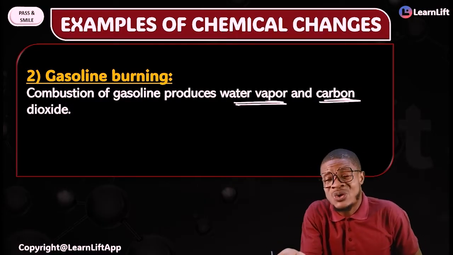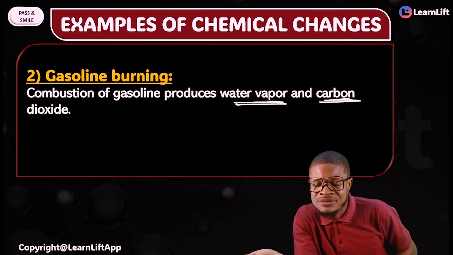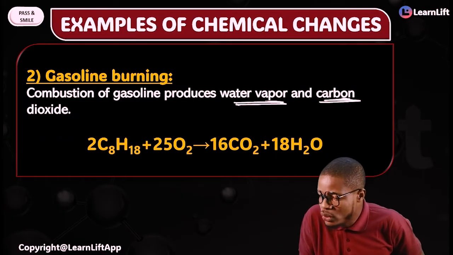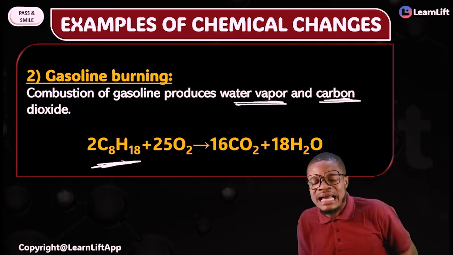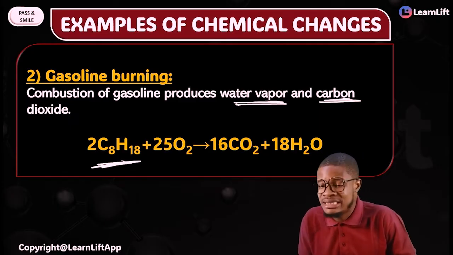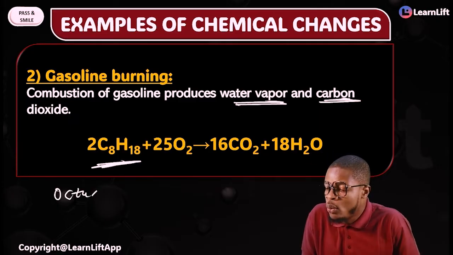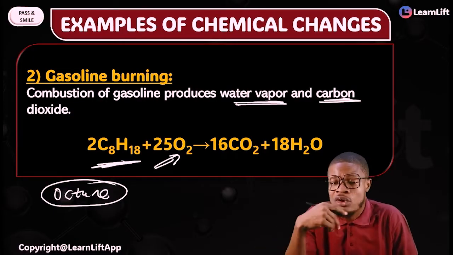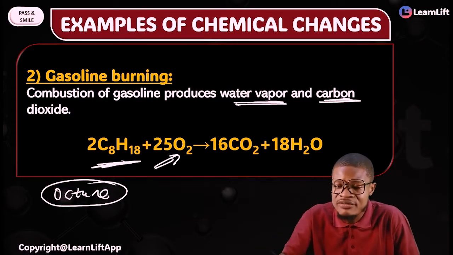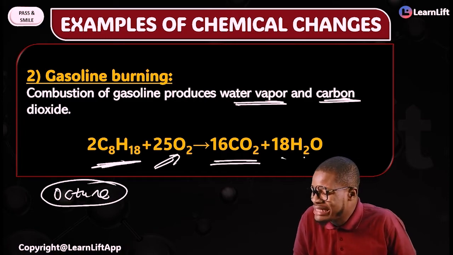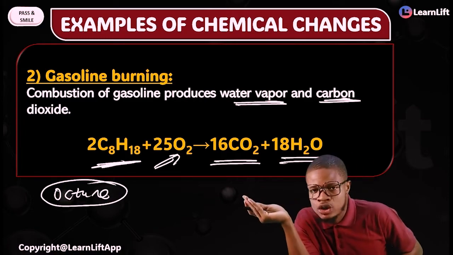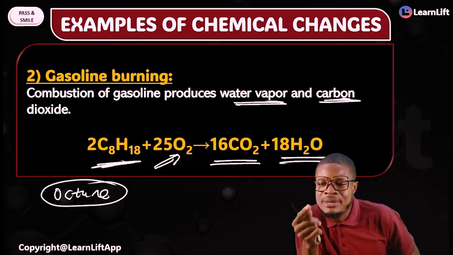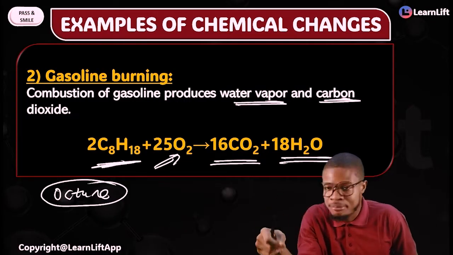This gasoline is a hydrocarbon. Which hydrocarbon is that? That is octane. When octane is burnt in the presence of oxygen, what will it give rise to? Carbon dioxide and water. So number 2 example of chemical change is gasoline burning.